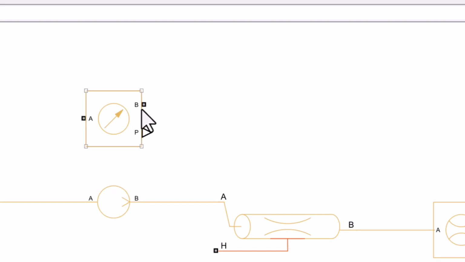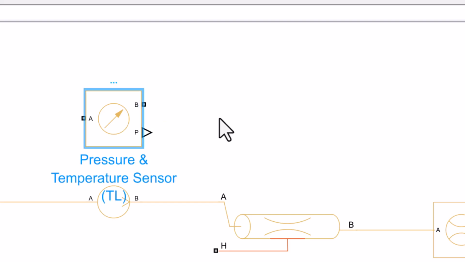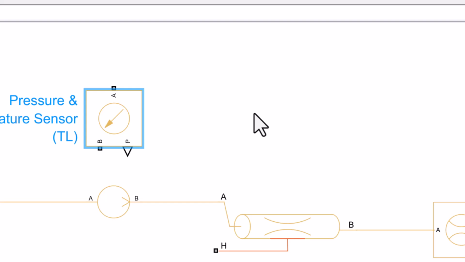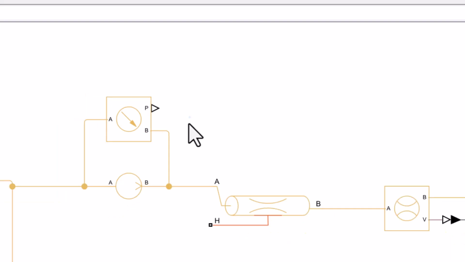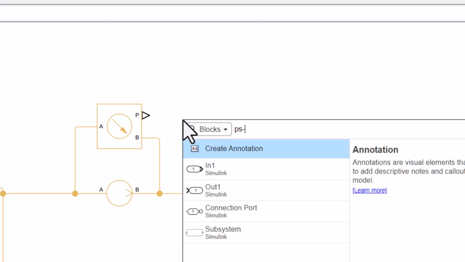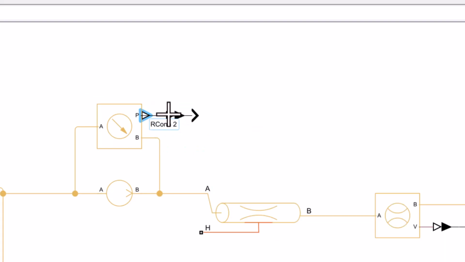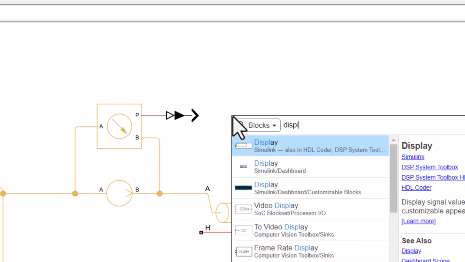I want to invert these two ports, the B and P ports. So I press Ctrl R, Ctrl I, Ctrl Shift R. Now this is better. Here again, I add a Simulink converter and a display block.